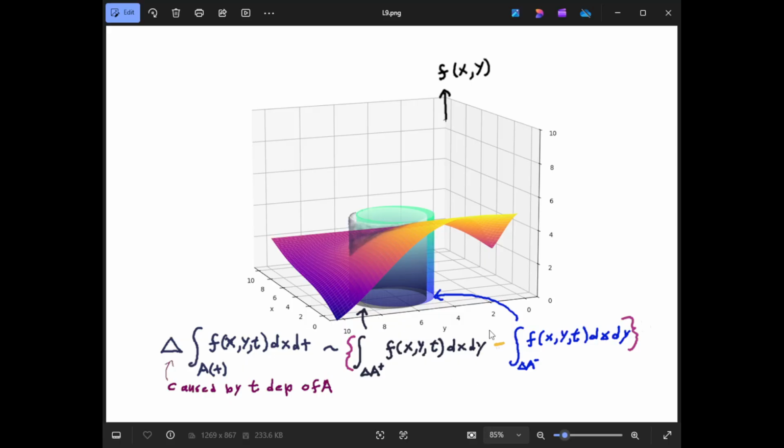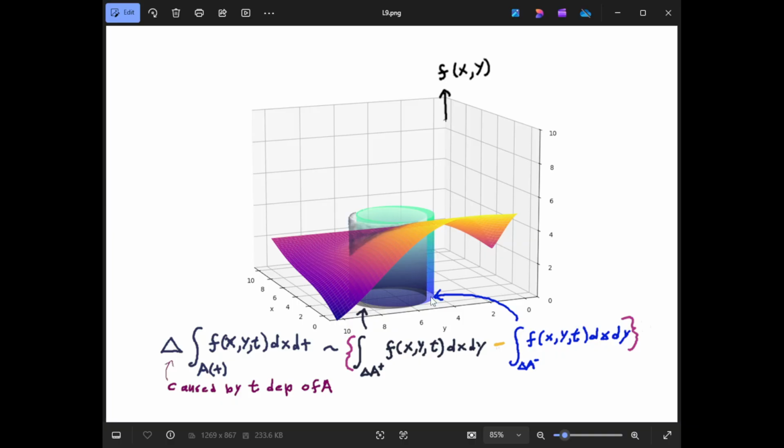So basically there's going to be a little volume delta A plus that's added, that's going to be the volume above this sliver here, and that depends on the function above it, the functional top, integrated over the area.